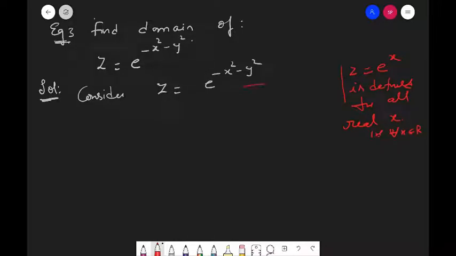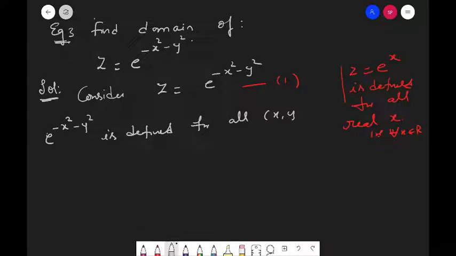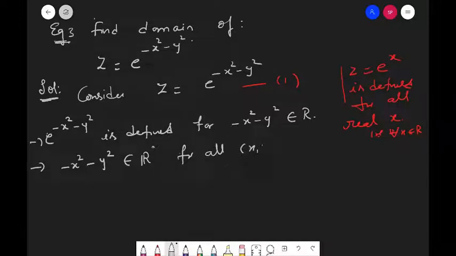Now let us look here for this problem what we have. Now e power minus x square minus y square is defined for all x comma y, or I can say for minus x square minus y square belong to R. Then I can say minus x square minus y square belong to R for all x comma y.